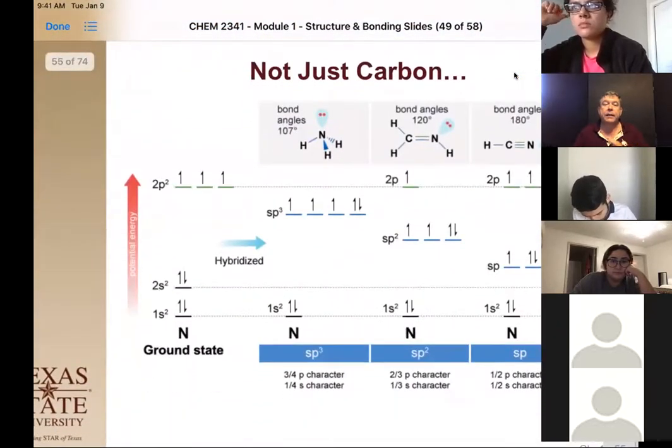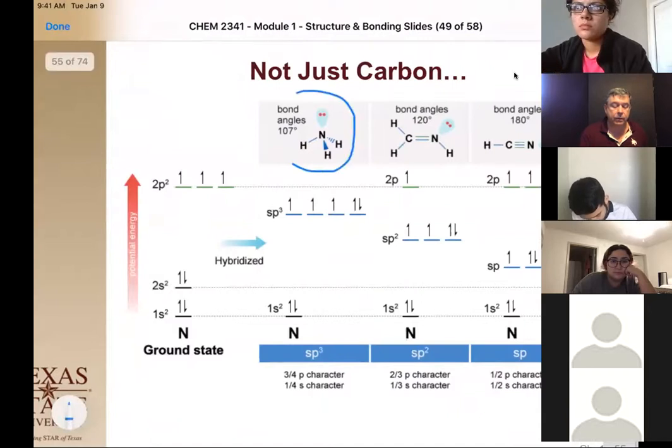I've used this example with carbon, but it's not just carbon. It's all of the elements in that group two: nitrogen, oxygen, and we see it in most. And so when we look at the shape of things with three things bonded to nitrogen, we see that it basically does the exact same thing. We have an sp3 hybridized nitrogen.